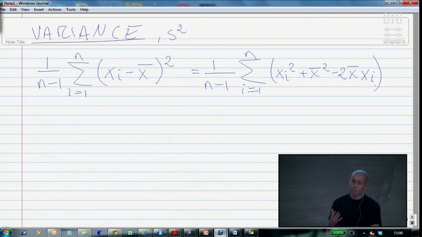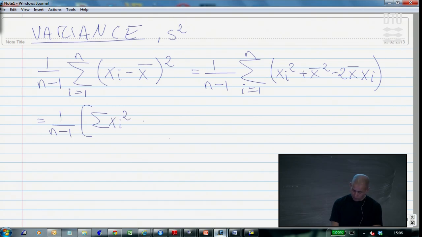Basically, that's using the basic formula for this. Then if we continue this step by step, let's use the summation sign. I'll skip the i equal to 1 to n in the summation for the remainder now.